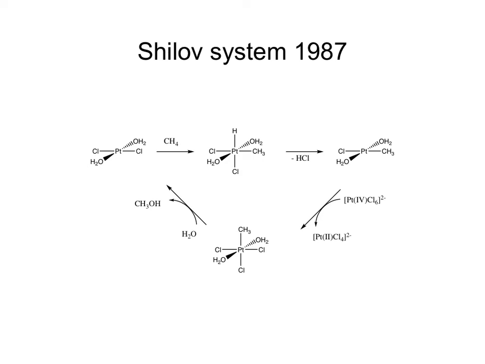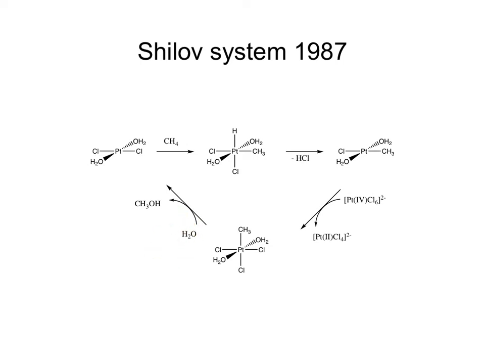This then reacts with an external oxidant which basically delivers the two chlorines. So we've oxidized the platinum here from platinum 2 to platinum 4. That is a high oxidation state, and so the platinum wants to do a reductive elimination, but what it does instead is get attacked by an external water.